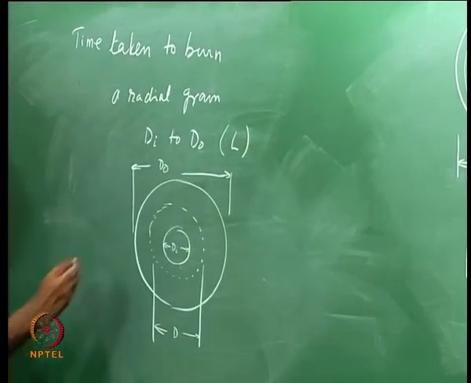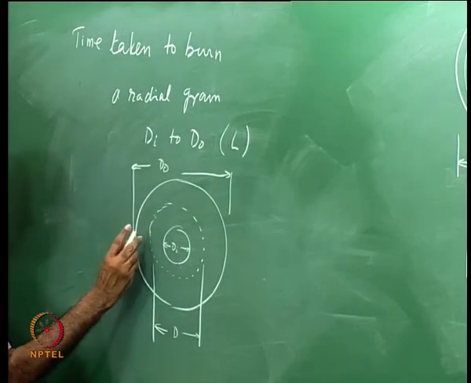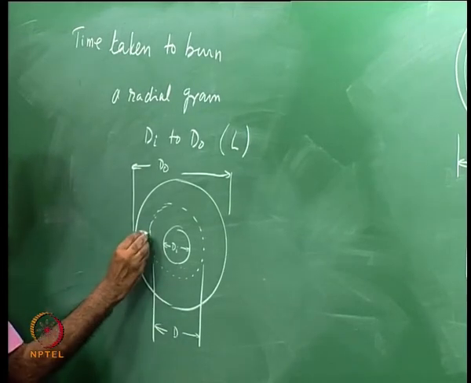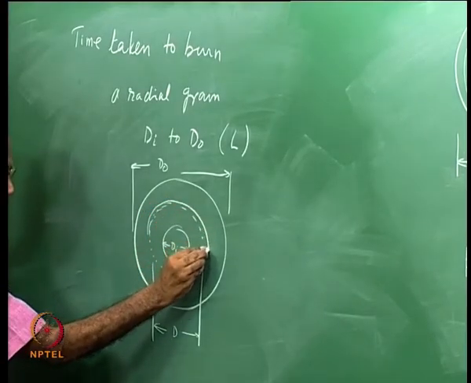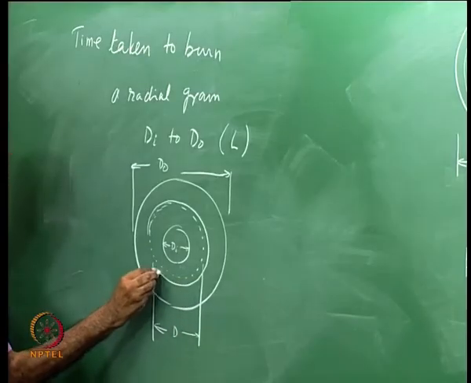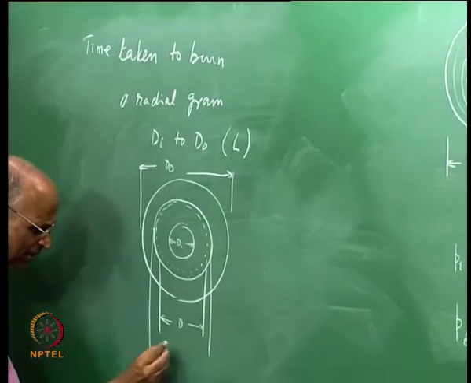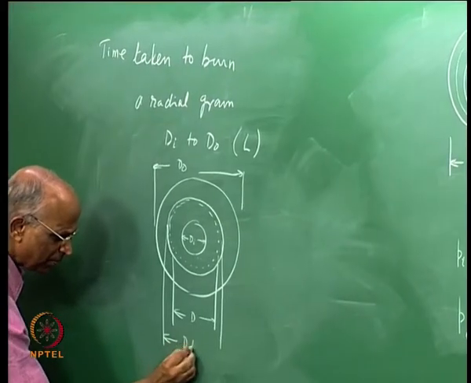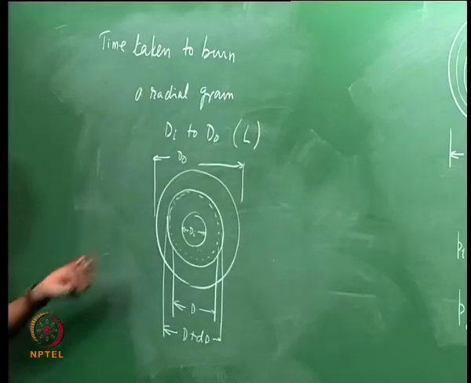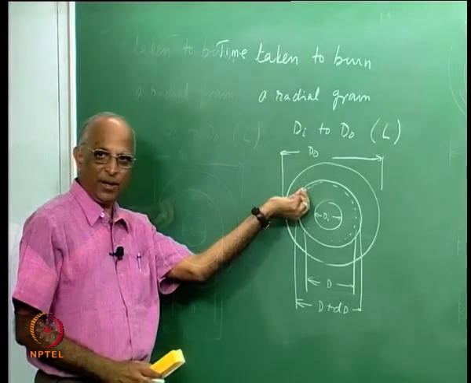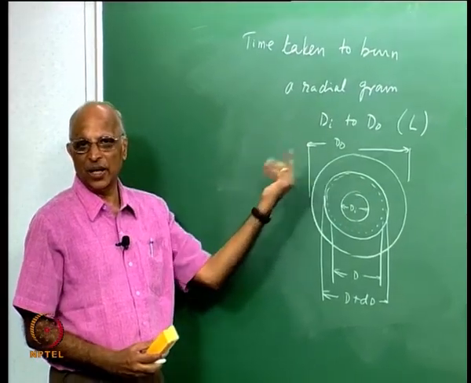Let us find out the time taken for the diameter d in between di and do to increase from the value d to a value d plus a small change over here, and this I say the diameter has increased to d plus a small amount dd. If I can find the time taken to burn this part, I can integrate out between this and find the time taken, and that is what I will be doing.